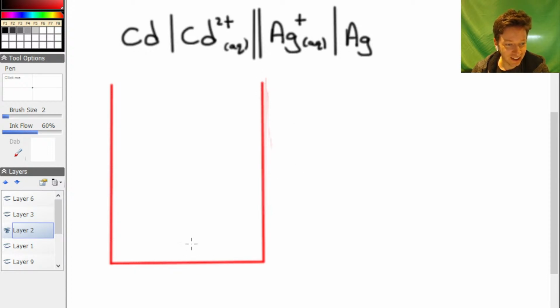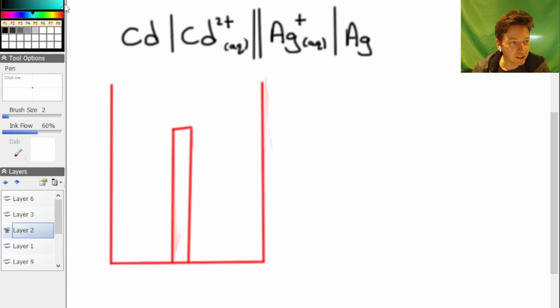So here's our cell. I'm going to create just a porous barrier in the middle. So that's just our barrier. Okay. And I'm going to have this as aqueous. And on one side, we have our cadmium, so that is Cd, solid.